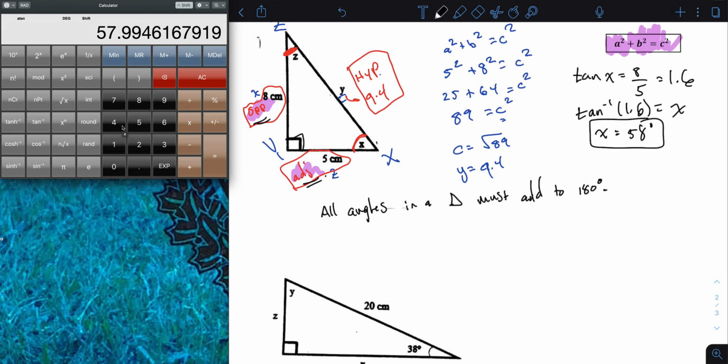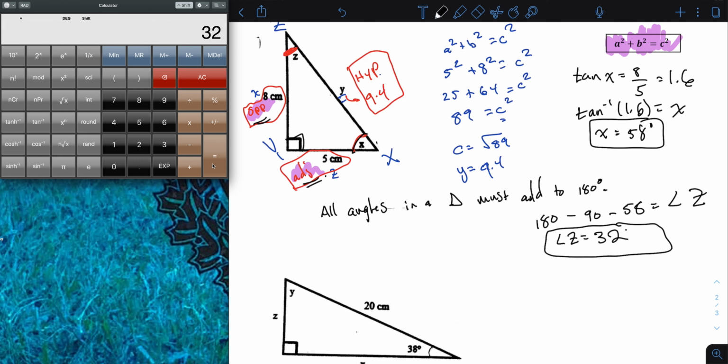I know 90 and I know the 58. So if I go 180, subtract 90, subtract 58, that's going to equal angle Z. Going to our calculator, 180 minus 90 minus 58 is 32 degrees.